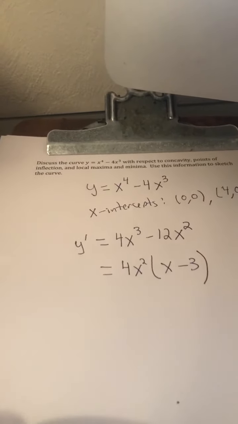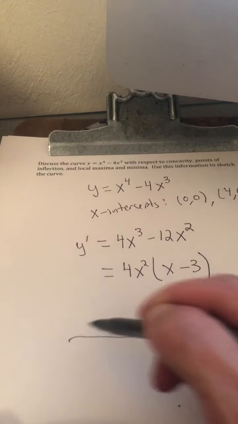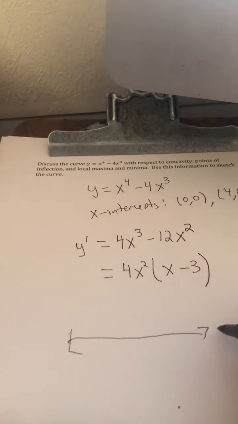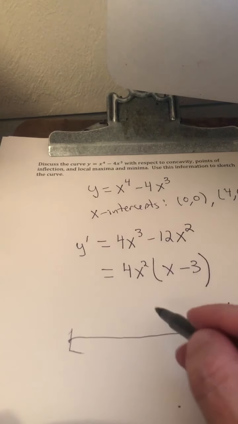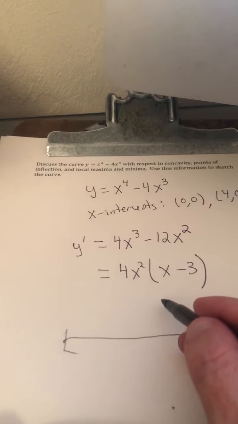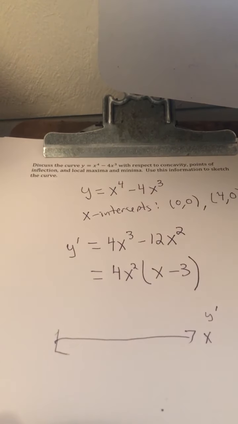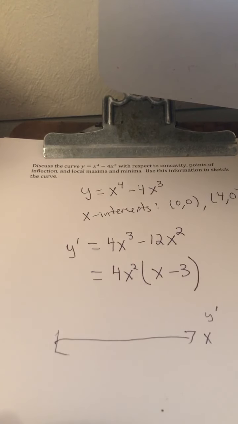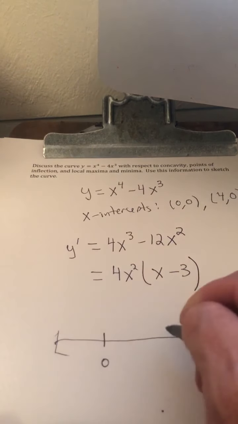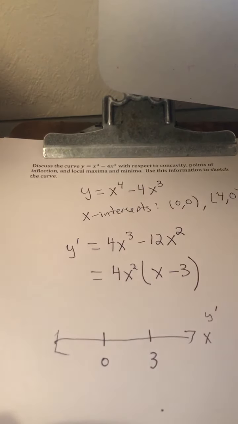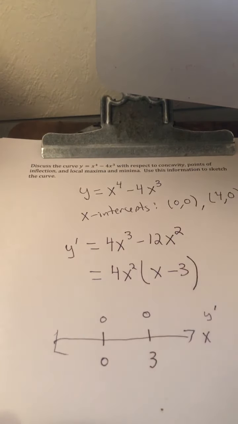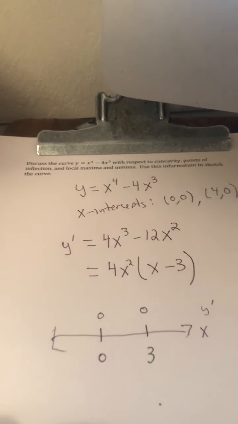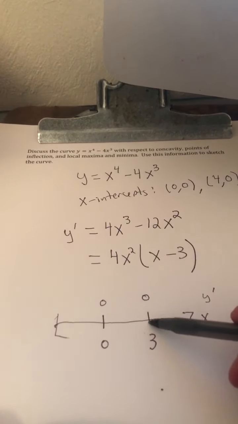So why don't we draw a chart here for the first derivative. We have two critical numbers. Remember, critical numbers are values of x where the derivative is 0 or where the derivative does not exist. So they are 0 and 3. Using test points, pick a value of x that's greater than 3.